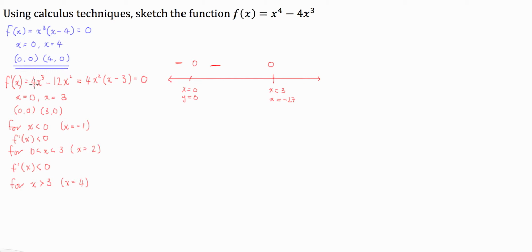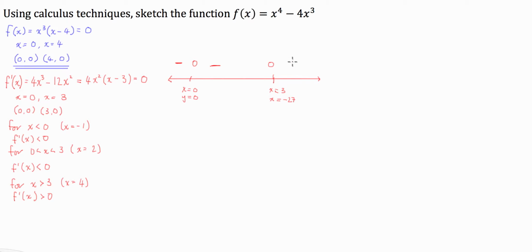Then we times that by 4. So 64 times 4 is 256, subtract 12 times 16, which is 192. So 256 take 192 is going to be a positive number. So the first derivative here is going to be greater than 0.